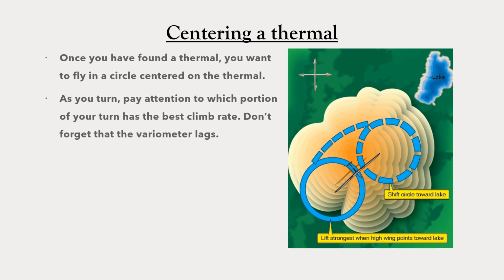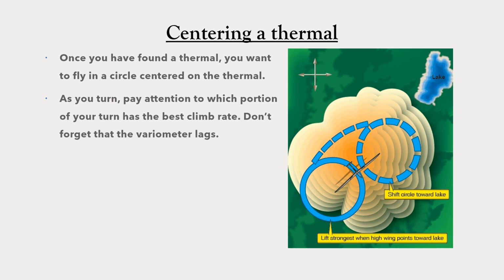In this example, if the glider is circling in the solid blue circle, they're touching the center of the thermal, but spending quite a bit of time away from it also.